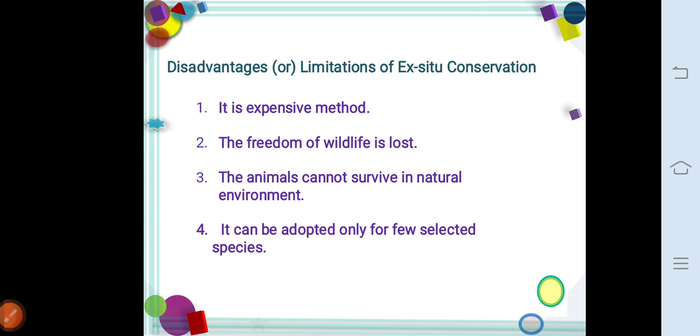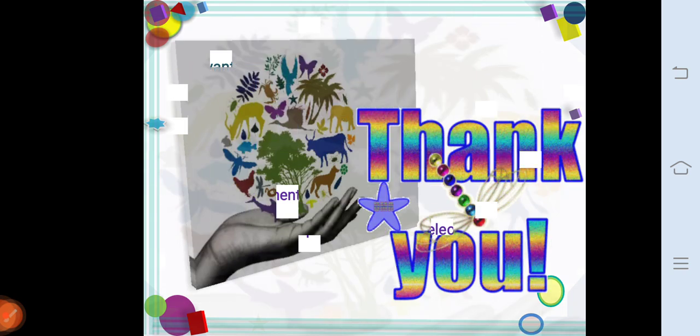So, in conclusion, it is conservation of biodiversity. We are at a dead end, so we have to conserve biodiversity, otherwise we face real problems. That's why we all should conserve biodiversity, avoid deforestation, and plant more trees.